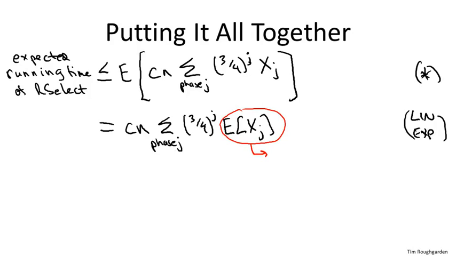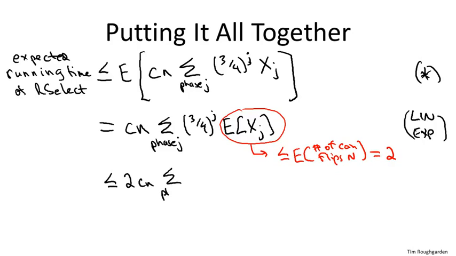Now, in the previous two slides, we figured out an upper bound on how many recursive calls we expect to see in each phase. By the reduction to the coin flip analysis, this is at most the expected number of coin flips N, which on the previous slide we argued was exactly 2. Bringing that 2 out in front of the sum, since it no longer depends on j, we get at most 2cn times the sum over phases j of 3/4 raised to the j.